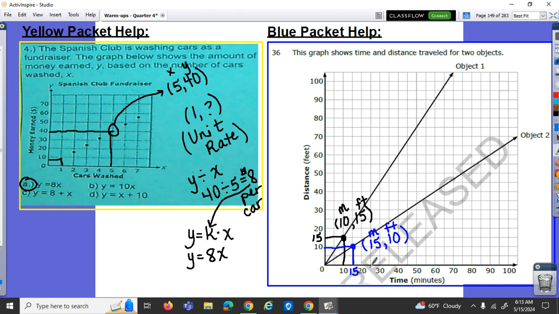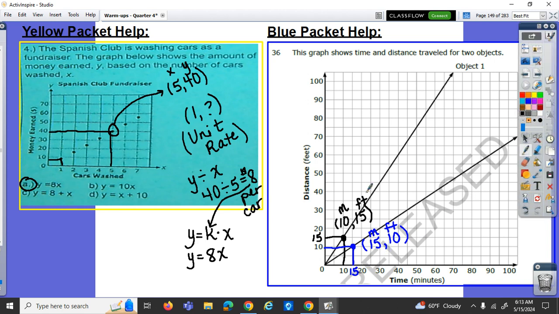Okay, if you look at your choices, it wants you to find feet per minute. So think about what you might need to do in order to find feet per minute. Okay, if you were thinking divide, you're on the right track.